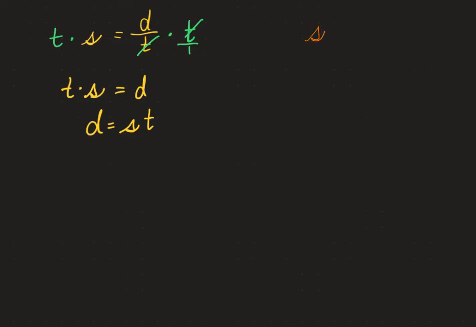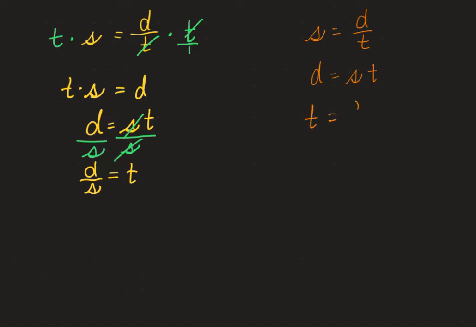So we started with this. Speed equals distance divided by time. We derived the formula distance equals speed times time. If we apply just a little more algebra, dividing both sides by the speed, we will get the formula for time. So time equals distance divided by the speed.